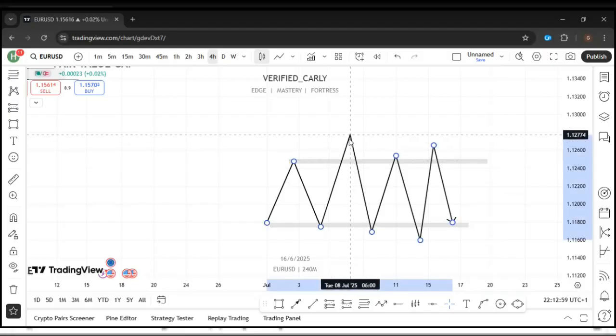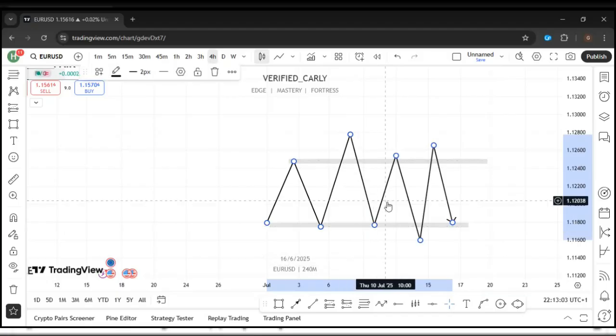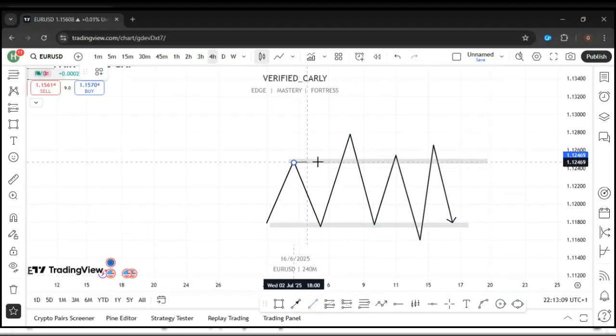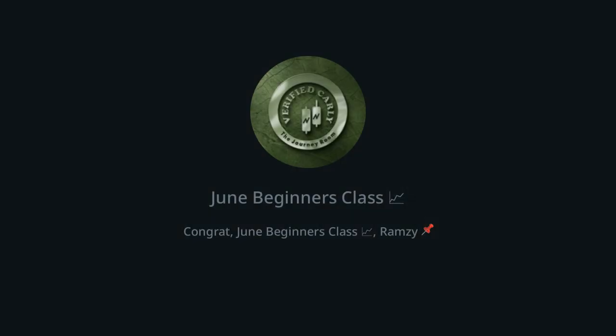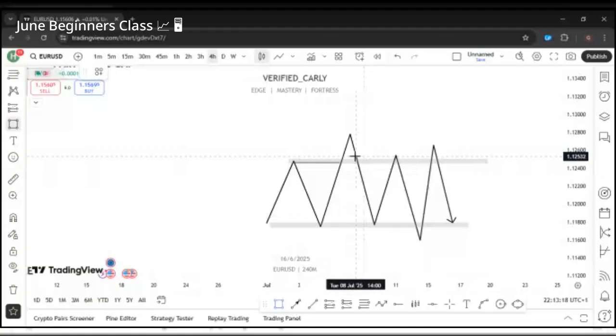If the market does like this, some of them call it a take out or something like that, but this is a liquidity sweep. Price swept liquidity. If you're an SMC trader, you know how to analyze this. Price swept liquidity, and maybe there might be an order block here, right?